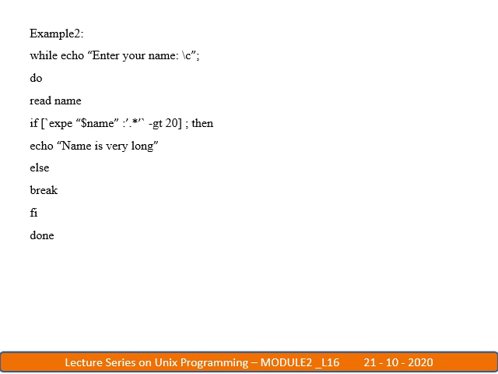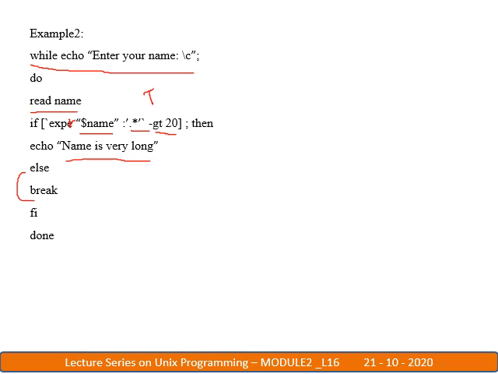Next, let us move to an example with a program. This is a while loop: echo enter your name. Here we are reading the name, read name, and then expr $name colon dot star gives the total number of characters. If the total number of characters is greater than 20, and this condition is evaluated as true, then it is going to print that the name is very long.